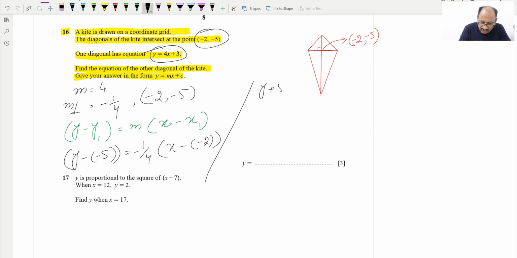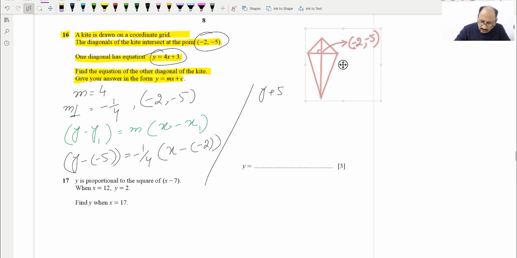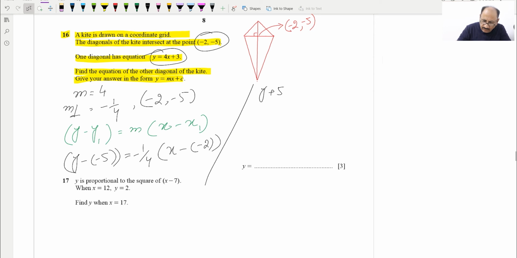y plus 5 is equal to minus 1 by 4 into x plus 2, and this will be y plus 5 is equal to minus 1 over 4x and minus 1 by 2.